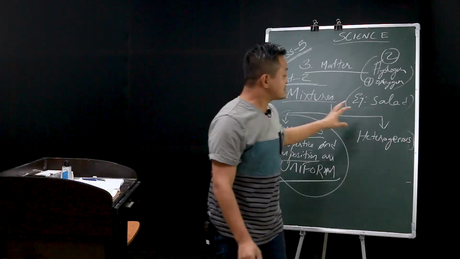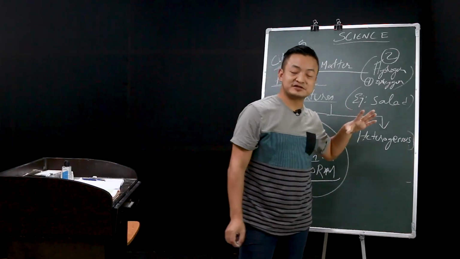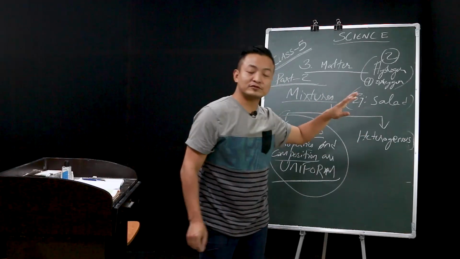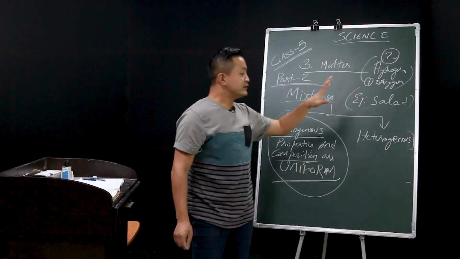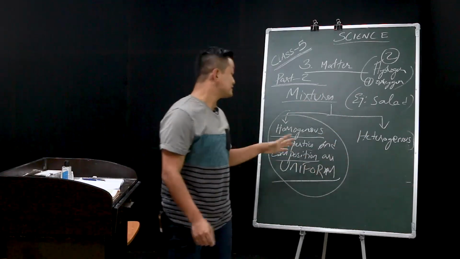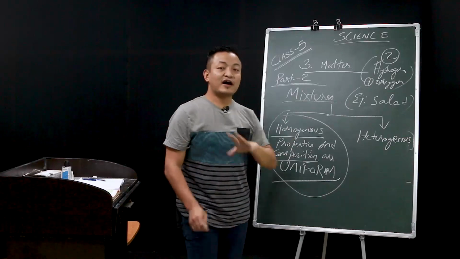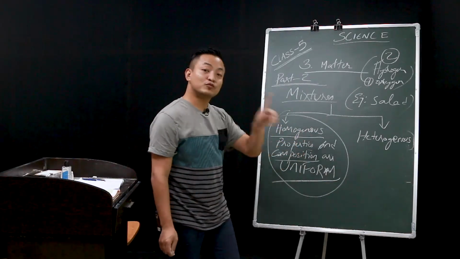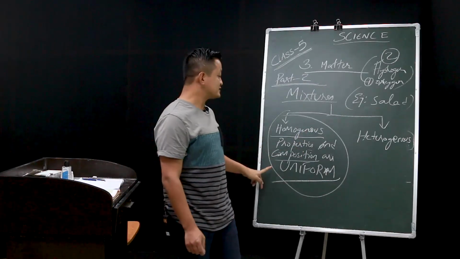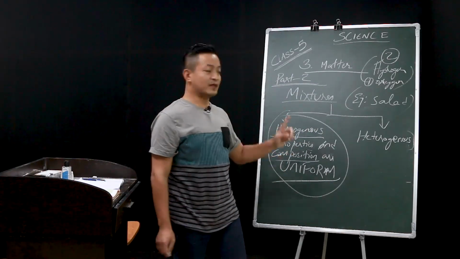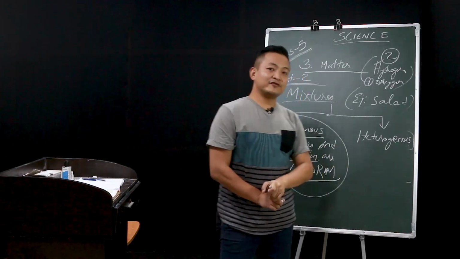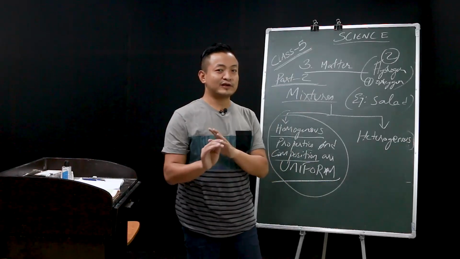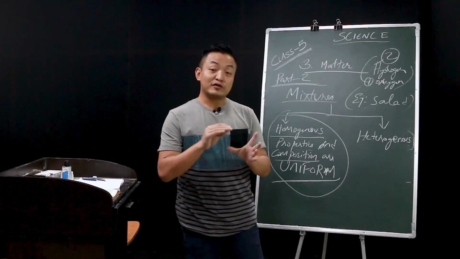Now let's start the heterogeneous mixture. It's just the opposite. It's also a mixture, not a pure compound, but its properties and composition are not uniform. You have to write the same definition, but add one thing: it is not uniform. I have explained that water and oil cannot be friends, because they don't dissolve.